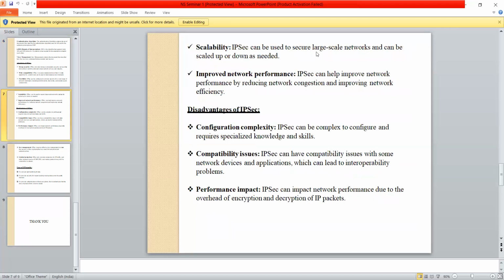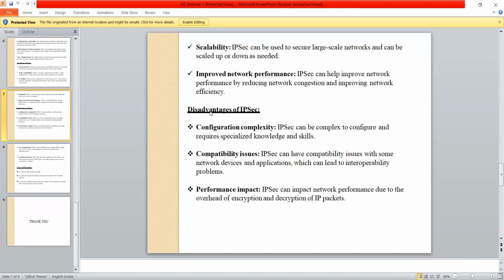Scalability: IP security can secure large-scale networks and can be scaled up or down as needed. Improved network performance: IP security can help improve network performance by reducing network congestion and improving network efficiency.